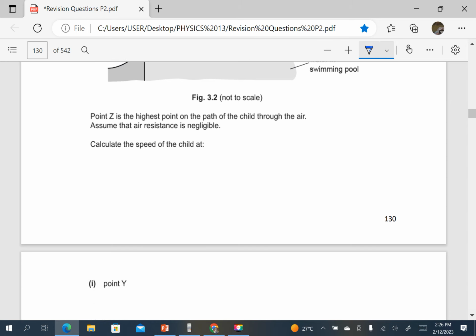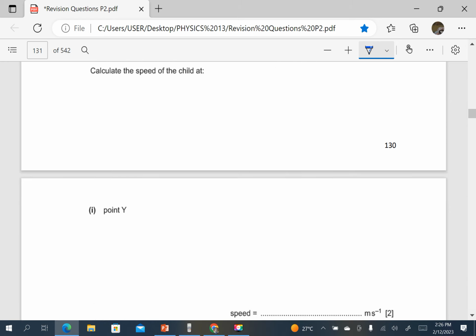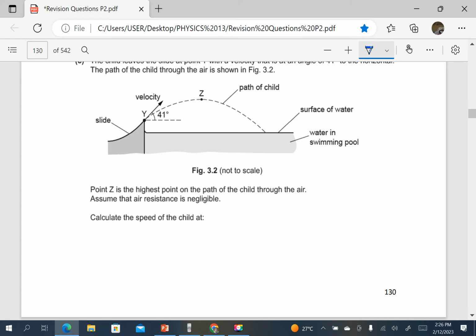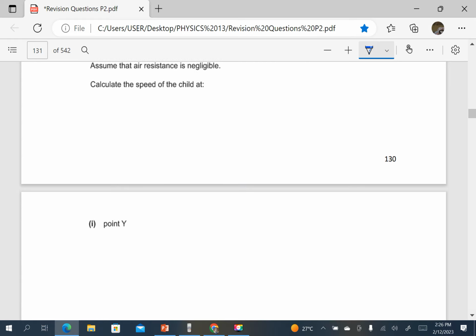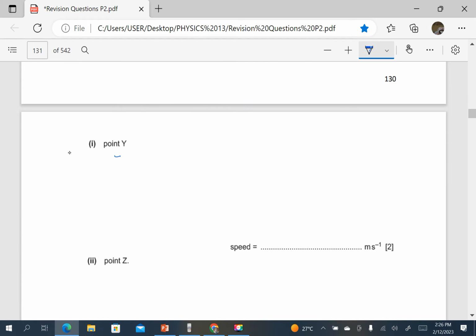Calculate the speed of the child at Y. They gave us the kinetic energy, so I'll simply say kinetic energy is equal to a half m v squared, and they gave us the kinetic energy as 540 at Y. We also know the mass is equal to the weight divided by g, because weight is mg.